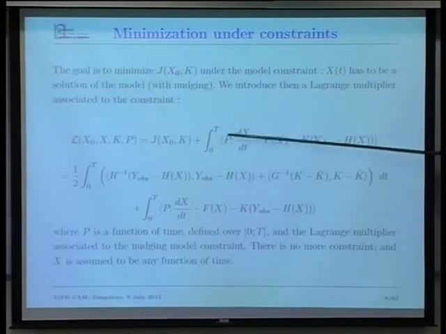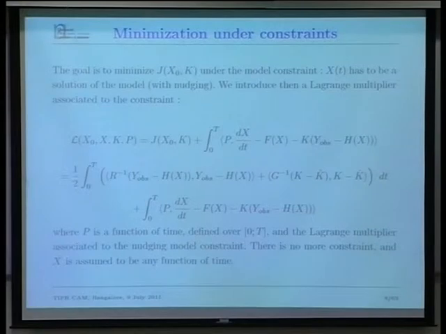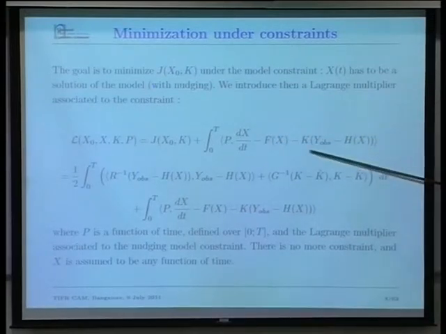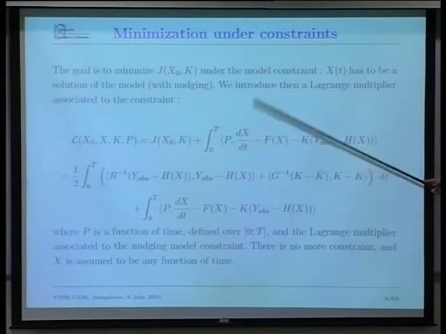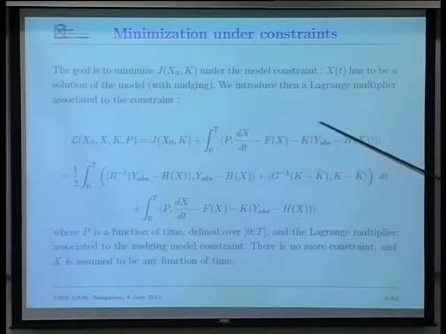So the maximum over p is simply J. Or x is not a solution of the model equation, then this is not equal to 0, and then the maximum over all possible functions p will be infinity.